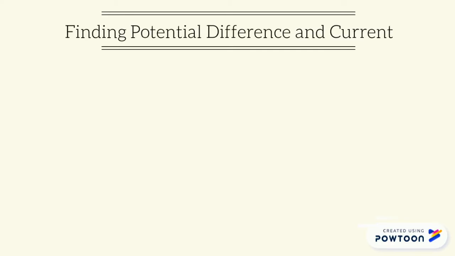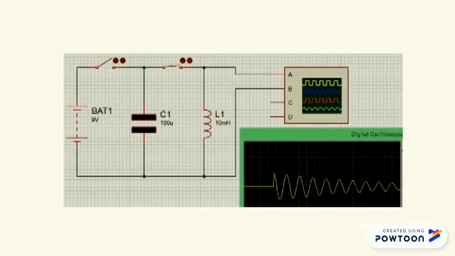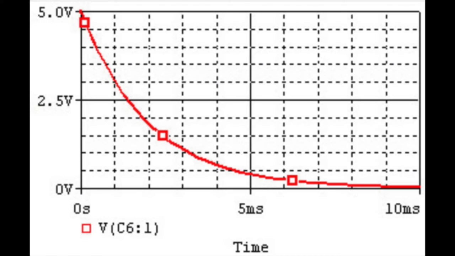Similarly, we can find the potential difference and the current as functions of time. Given the time, peak voltage/current, and the values of both the capacitor and resistor, the following two equations are given for both voltage and current. They basically explain that in the circuit, the current decreases more slowly, specifically exponentially.